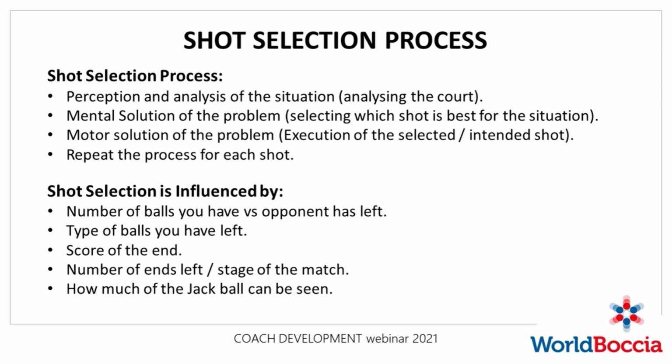If it's early in a match, you can probably afford to just slowly chip away at that lead with sort of 1 or 2 points each end. Whereas obviously if you're down by 3 points in the fourth end, you need at least 3 points to take that match to a tie break. So that's going to influence your shot selection.